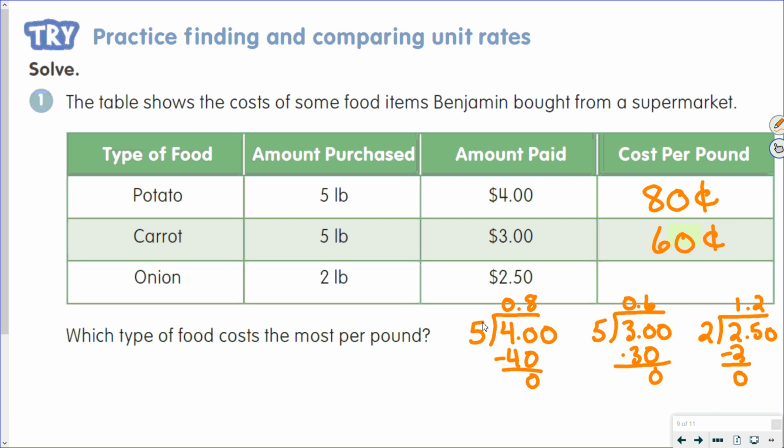Goes in twice. Oops. Forgot to bring the 5 down. And it goes in 5 times. Sorry, I can't finish. I'm going to run out of room there. So we have the onion at $1.25. So which type of food costs the most per pound? It is the onion.